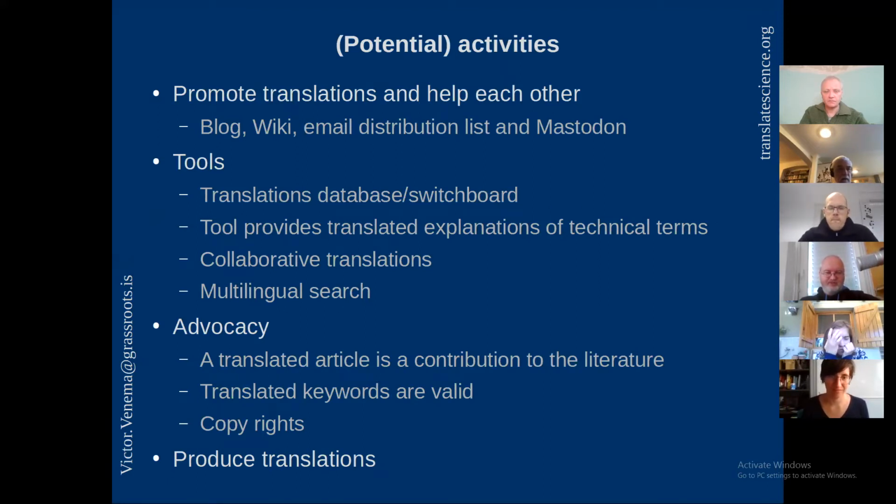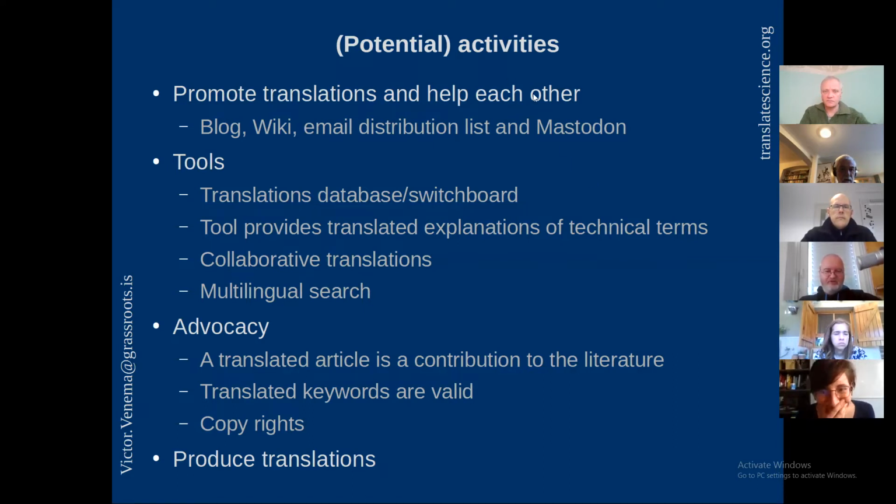So there are many things we could do. It's a really broad topic. I mentioned a few which we are already doing and some which we hope to be doing in future or hope that others will do in future. We already started with promoting translations and helping each other. For that, we have a blog for current topics and for discussions.